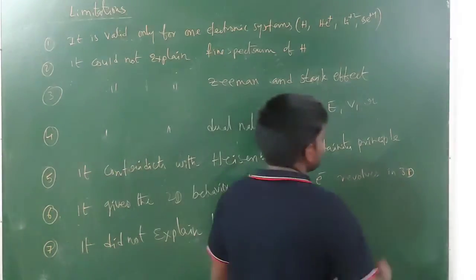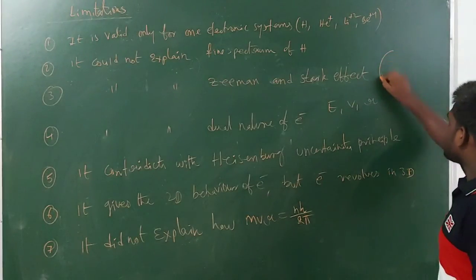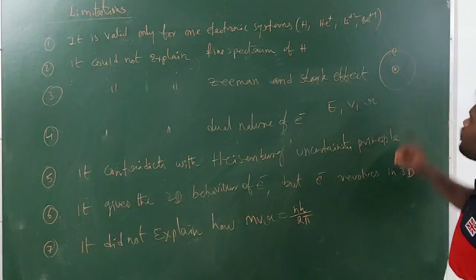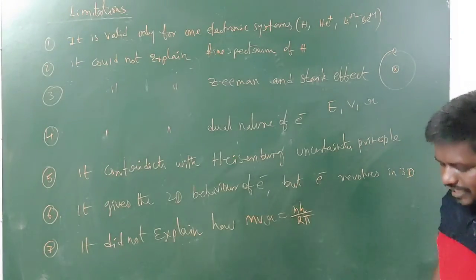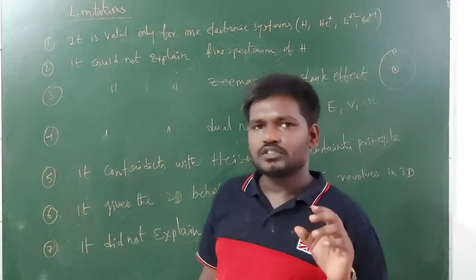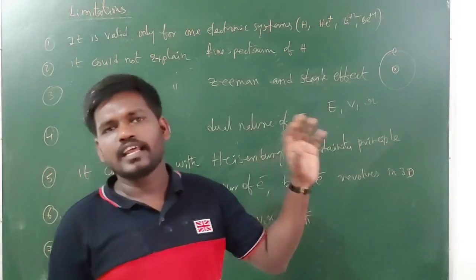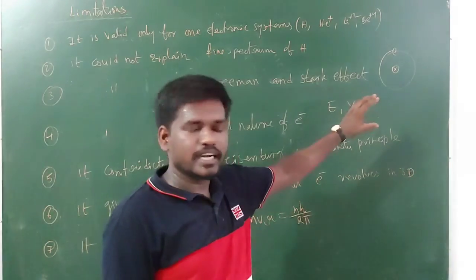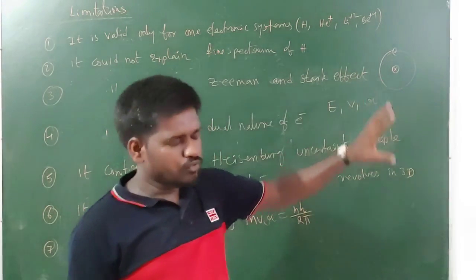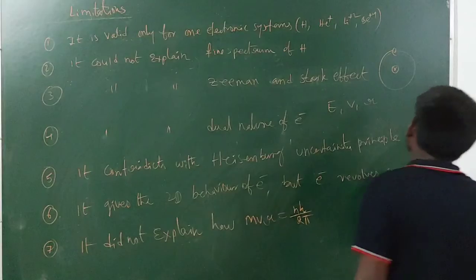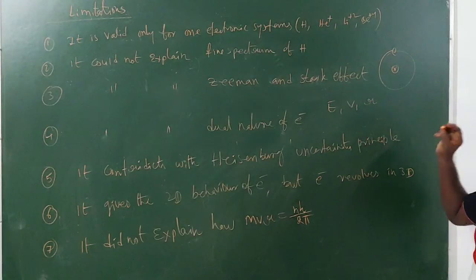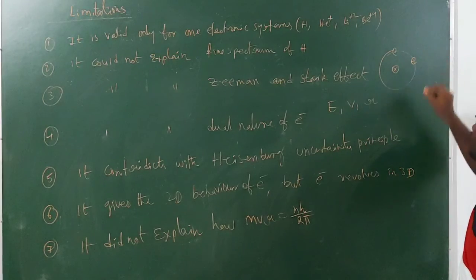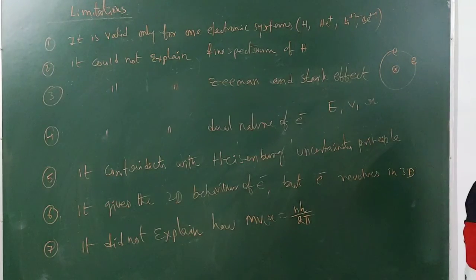While calculating them, he has considered the attractions between electron and proton only. When an atom or particle contains a nucleus and one electron, there is only one interaction, that is attractive force. Now when you consider a multi-electronic system, an atom or particle with 2 electrons, here you have 2 types of interactions.